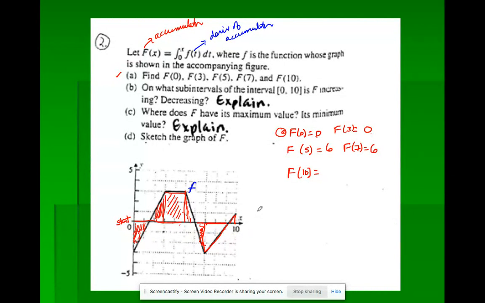I trust that you will do that on your own and verify, but I got 3.5 when I was done. So these are all points that I'm going to plot when I get down to part D, sketch the graph of capital F. They're going to want me to plot these points.